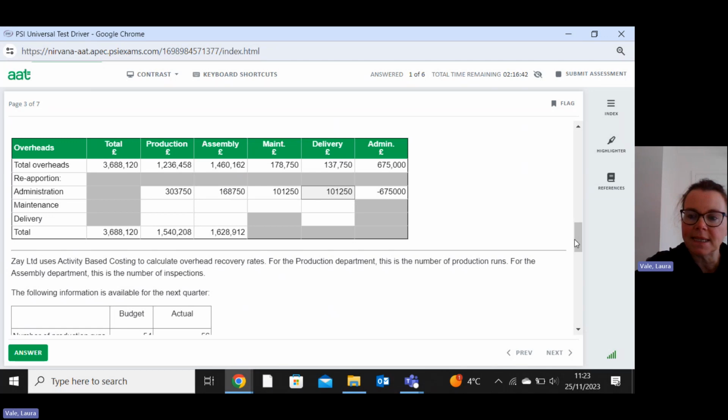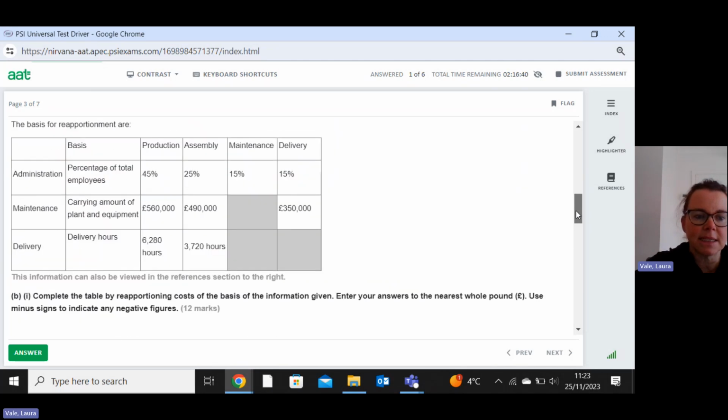Right, now maintenance. So what's happening with maintenance? Right, so they've told me that maintenance is going in this split between the other 3 departments that are remaining. So what I'm going to do here, if I add up the 560 plus the 490 plus the 350, I get 1400. And then I'm doing my usual formula.